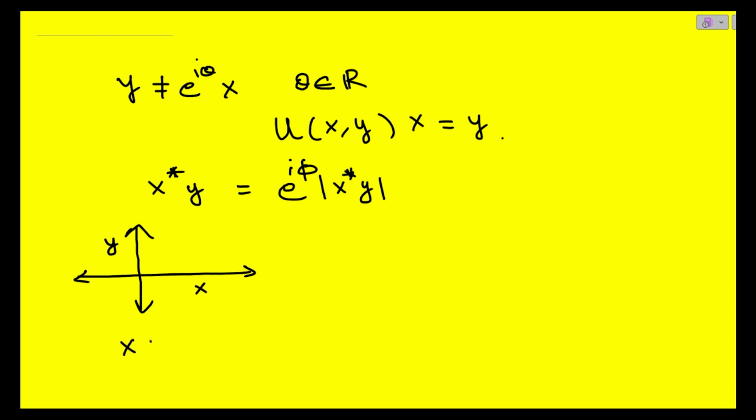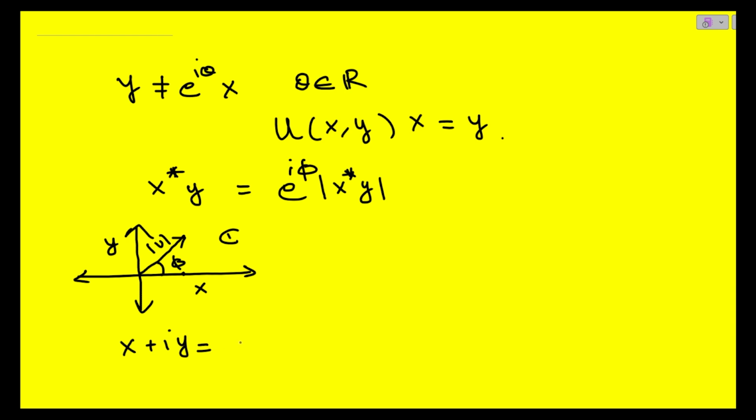Any complex number is of the form x plus iy, right? So it will have the x direction and the y direction. So you have your complex number represented here by this vector, right? So for this vector, you have this absolute magnitude of this vector here. So this is, let's denote it like this. And it has an angle phi, right?